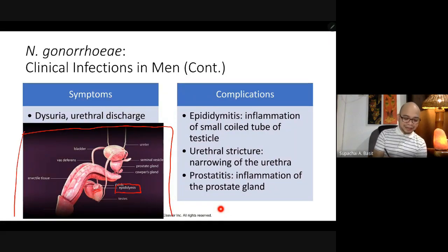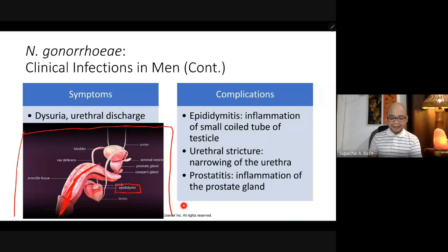The urethra is where the urine will come out. It is somewhere here. And then there would also be prostatitis, the inflammation of the prostate gland. So these are the complications of gonorrhea in men.